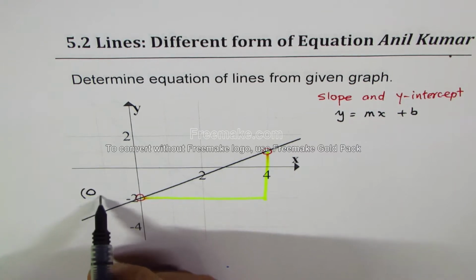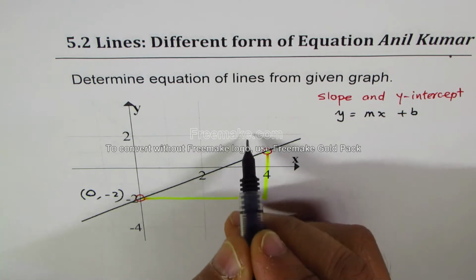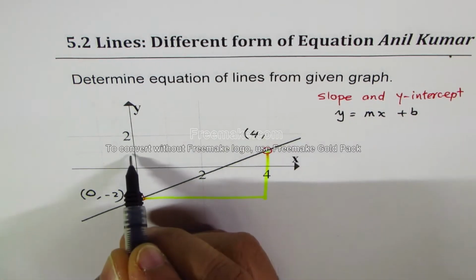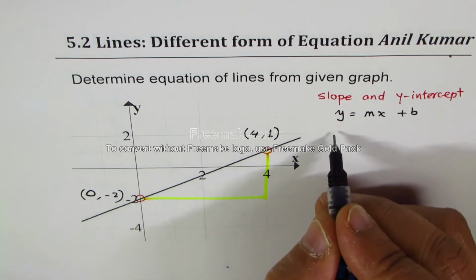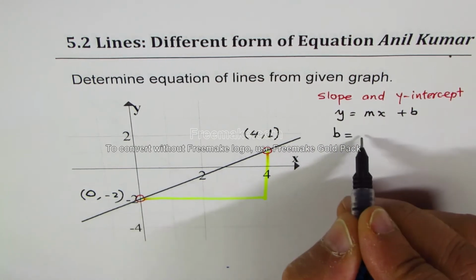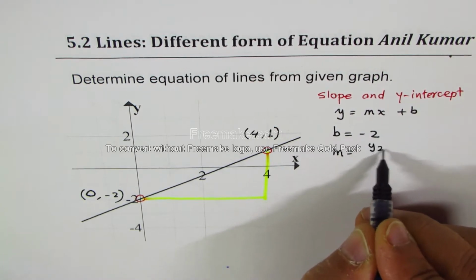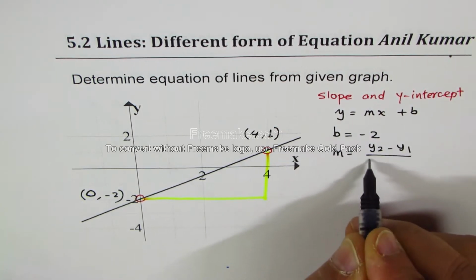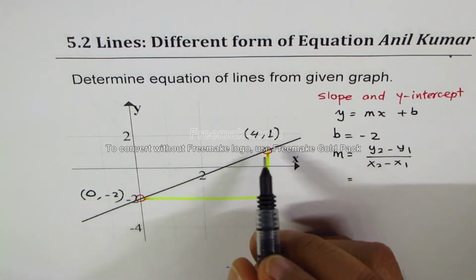And at x value of 4, we have y value of 1. So we know b equals -2, and m is y2 minus y1 divided by x2 minus x1. So these are the 2 points.